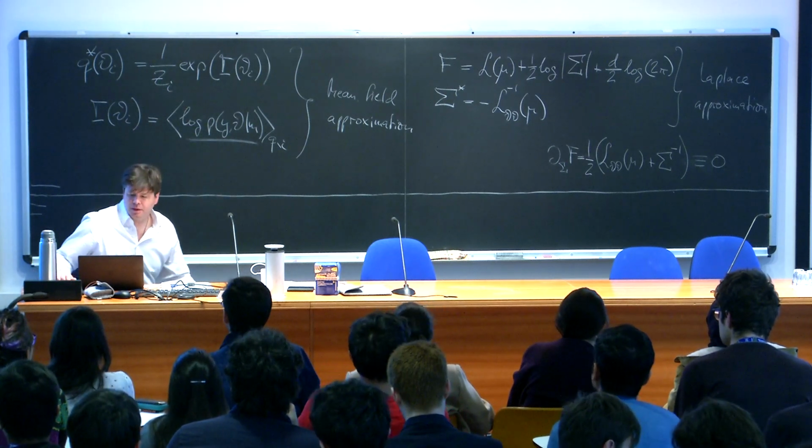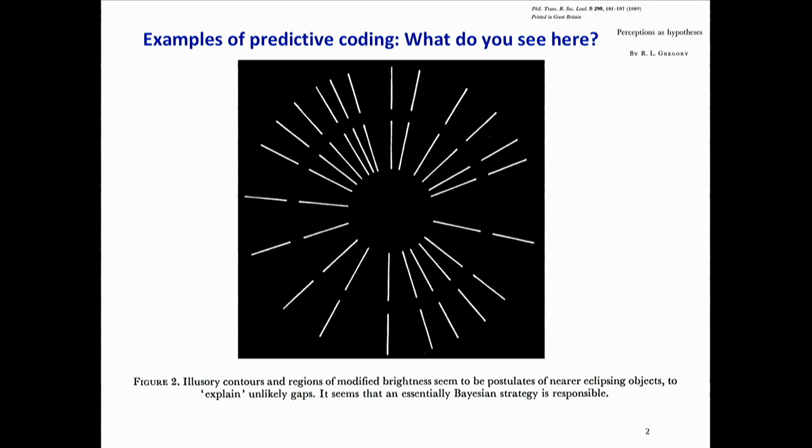So here they wrote, and this is from a paper by the famous researcher R.L. Gregory. We may see a video of him a bit later. Illusory contours and regions of modified brightness seem to be postulates of near eclipsing objects. So it's as if the black circle was obscuring these white lines partly.